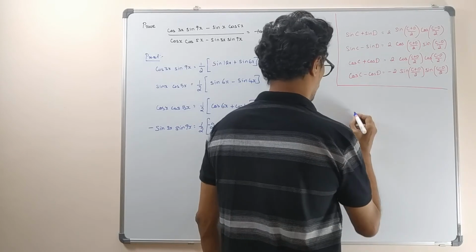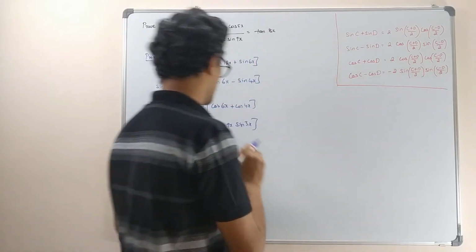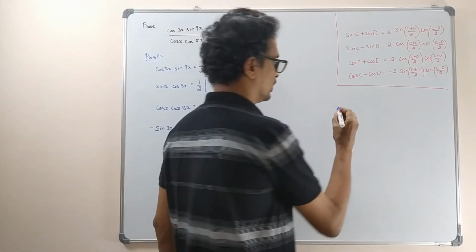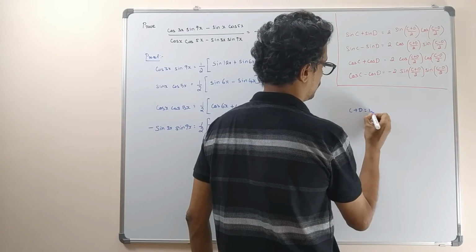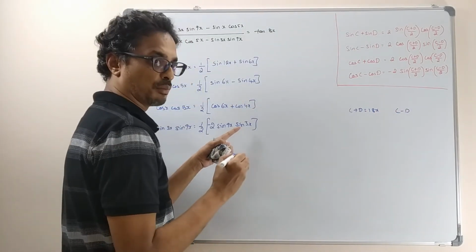Okay. So what will this be? (c plus d) by 2 equal to 9x. Therefore c plus d equal to 18x. (c minus d) by 2 equal to 3x. So c minus d equal to 6x.